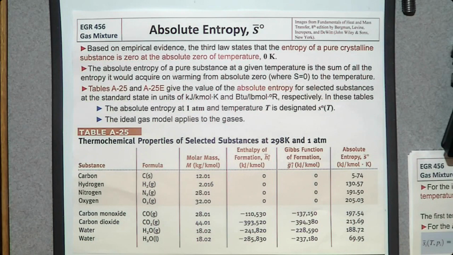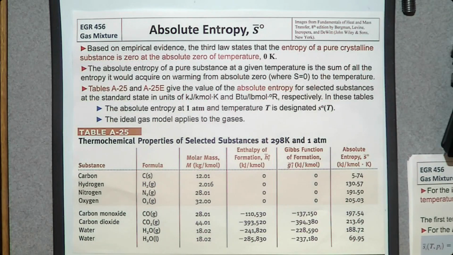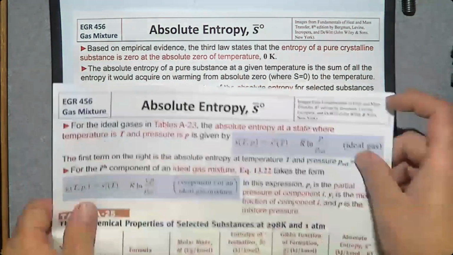However, these values are only valid when pressure is 1 atm and temperature is 298 Kelvin. So if you have a system that is away from this pressure and temperature, then we need to calculate entropy of a system by using this equation.